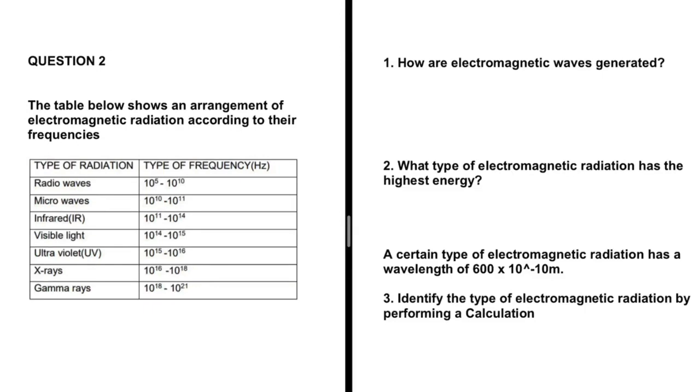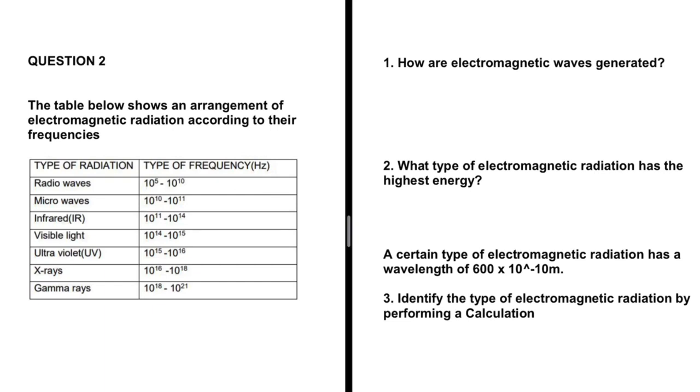This question looks very similar to the one we just solved before. But let's go ahead and take a look and see what happens. We're given the same exact table that shows an arrangement of electromagnetic radiation according to their frequencies. And the first question, how are electromagnetic waves generated?